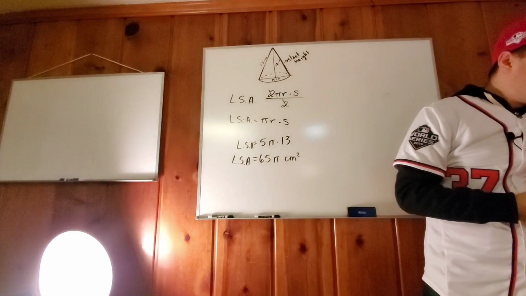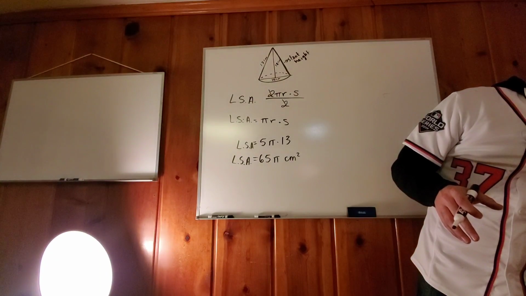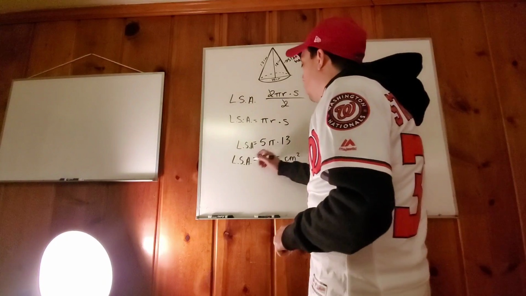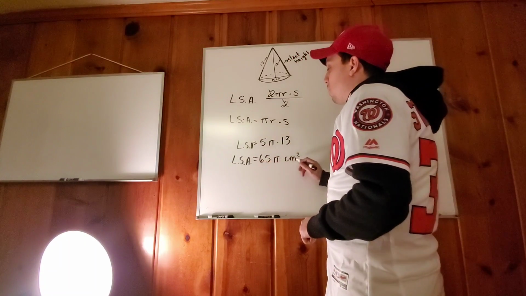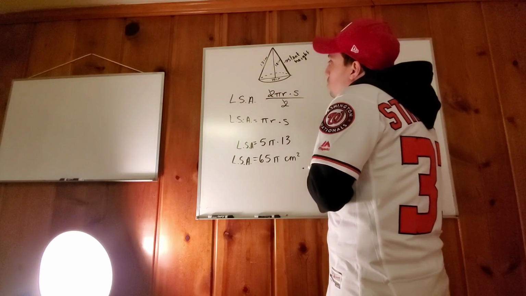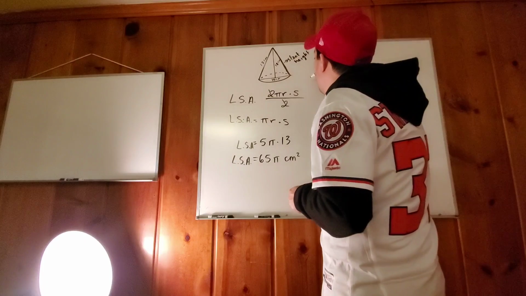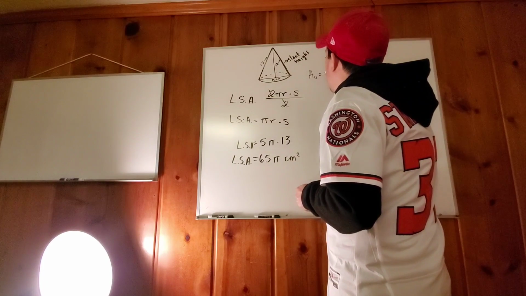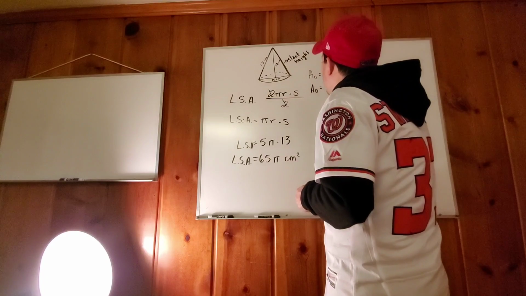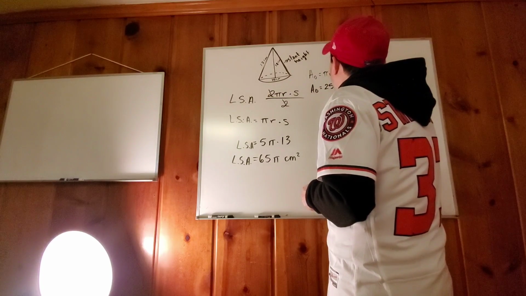Now, the rest of the question is to find the lateral surface area and the total surface area of the cone. To find the total surface area of the cone, we have to add the lateral surface area with the area of the base, and the area of the base is the area of a circle. Area of a circle is pi radius squared, so the area of the circle is 25 pi.